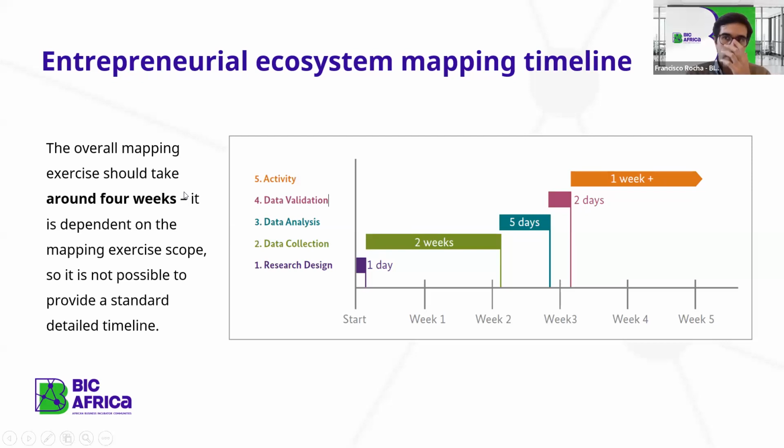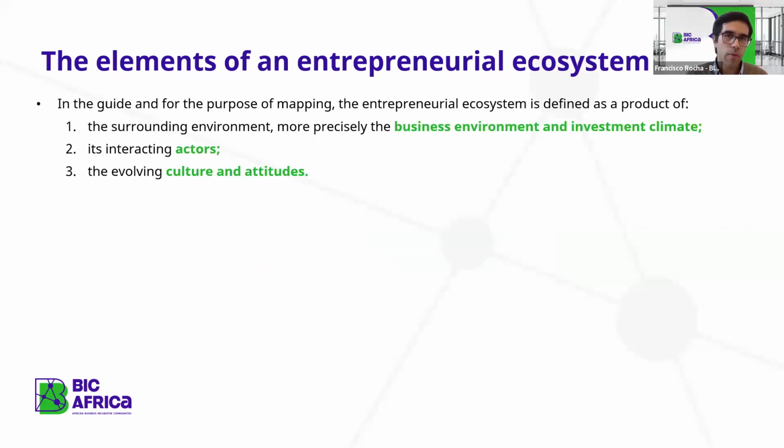Before going through each one of these steps in detail, in the next slide, we want to show, and it is important that we talk about one concept that is defined in the guide, which concerns the different elements of an entrepreneurial ecosystem.